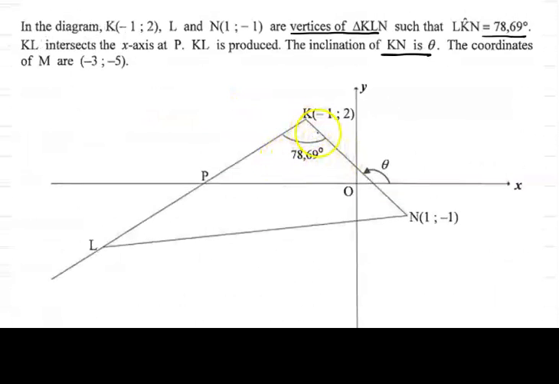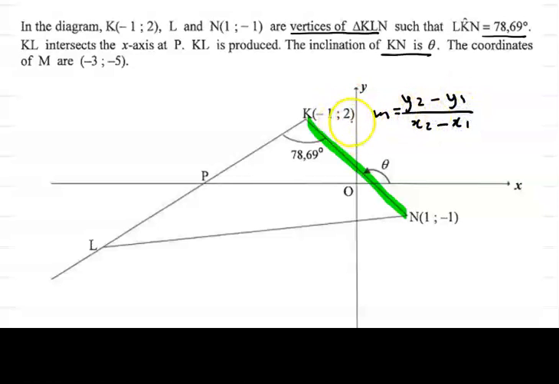Basically they want us to find the gradient of this particular line right here. So we're going to do that, and remember the gradient formula is y2 minus y1 all over x2 minus x1. So that's my gradient formula.